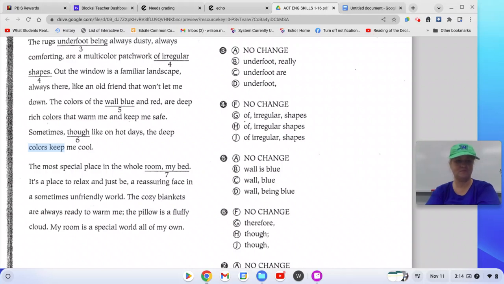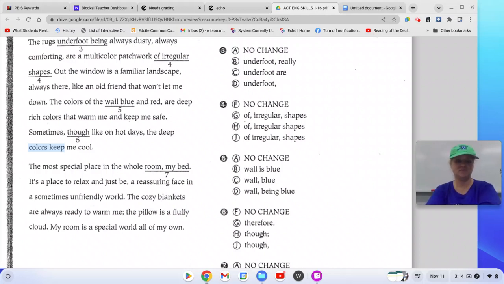Let's go back up to 4. The rugs underfoot, always dusty, always comforting, are a multicolor patchwork of irregular shapes. That one we're not doing any change to. Number 4 is no change. Number 5 we already established is not A, not B, not D. Number 6, sometimes, though, like on hot days.